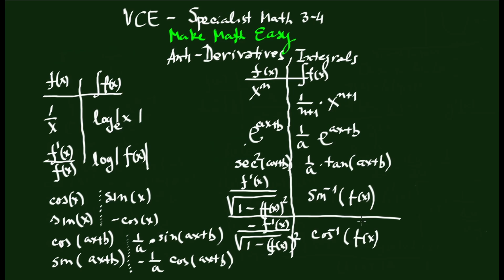Maybe tangents, we're just missing the tangents one. We can do that down at the bottom. What have we with the tangents? We have f prime of x divided by 1 plus f of x to the power of 2, because for tangents it is plus.